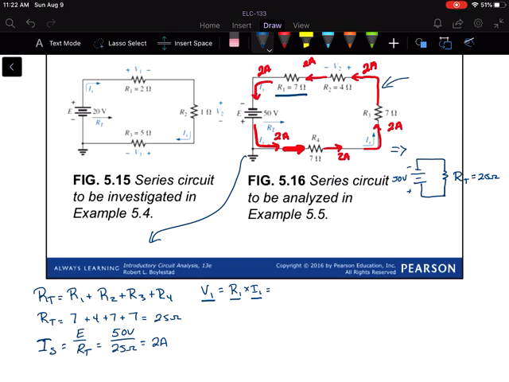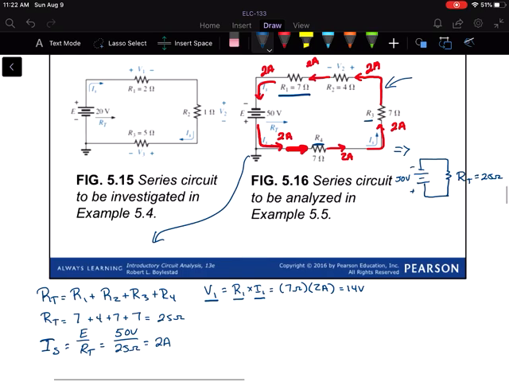So we know that we've got a 7 ohm resistor here, and we have 2 amps of current. So that's 14 volts. Now notice that R3 and R4 are also 7 ohms and also have 2 amps through each. So we also see a 14 volt drop across R3 and across R4.